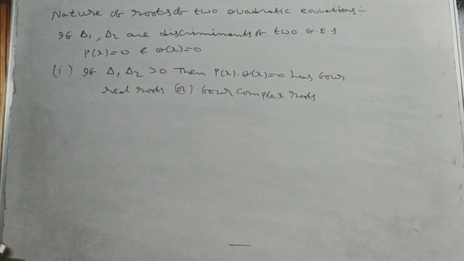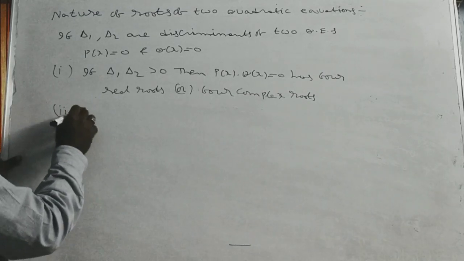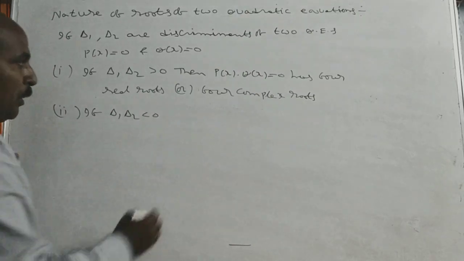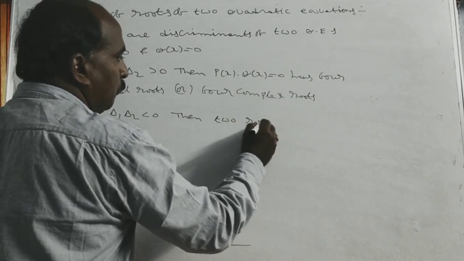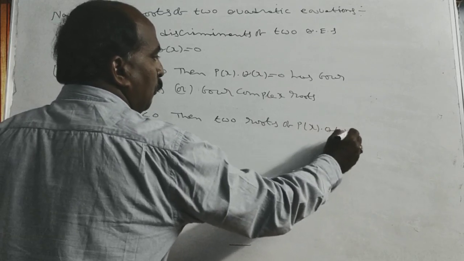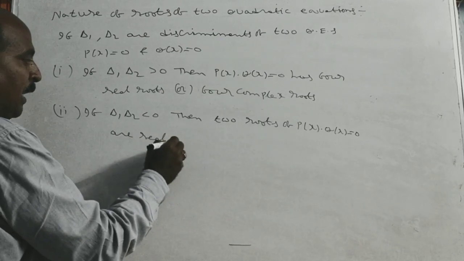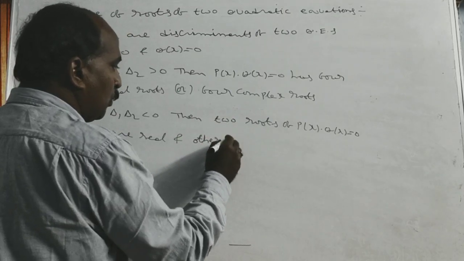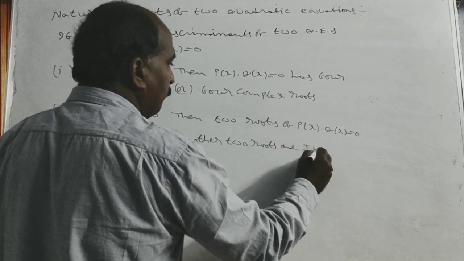Next, second condition. If delta 1 into delta 2 negative, then two roots of P of x into Q of x equal to 0 are real and other two roots are imaginary.